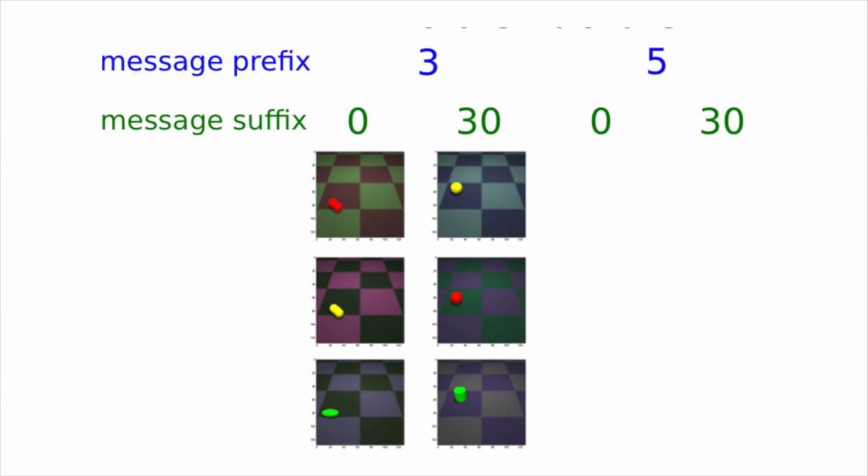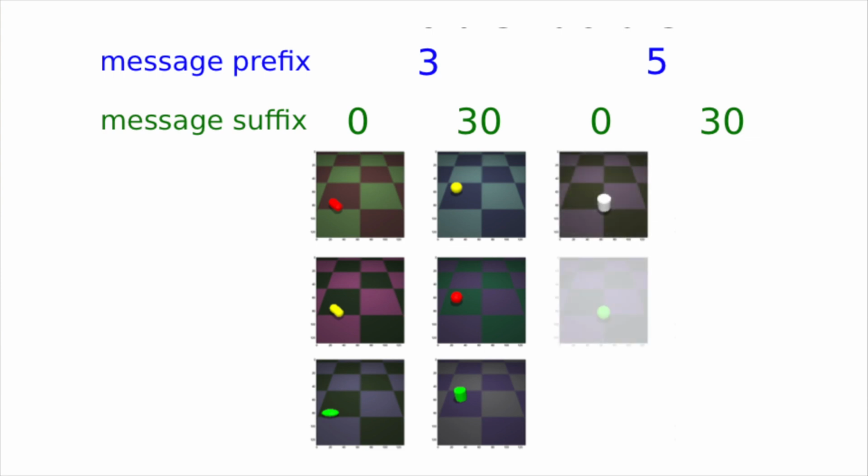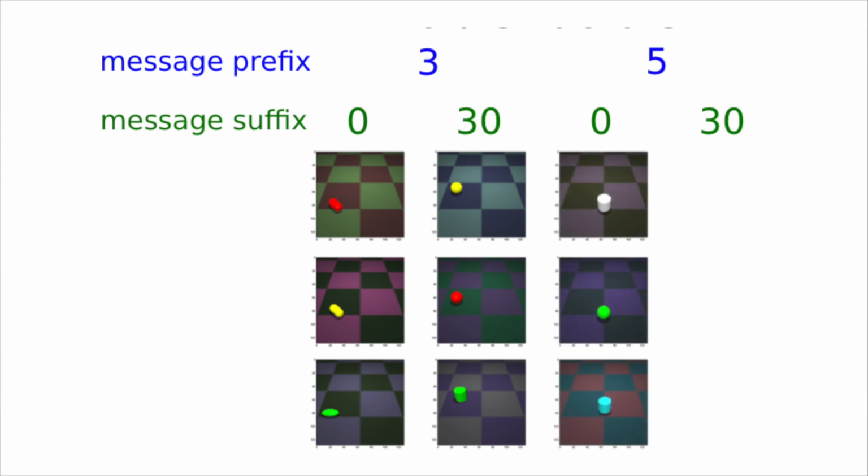And then a green, different color, cylinder, different shape, but the same position. So it basically looks like the agents are communicating position. And then here we've got, again, all different shapes and colors, but the same position as each other.